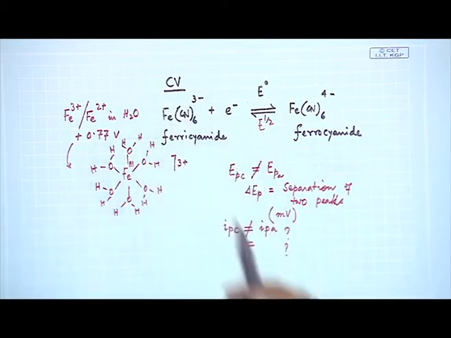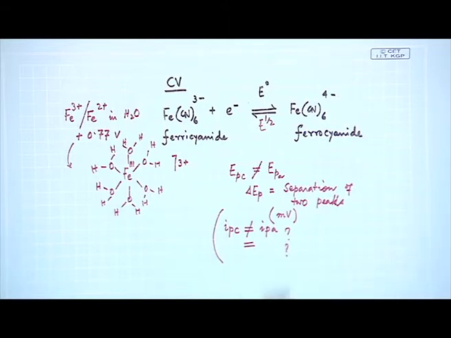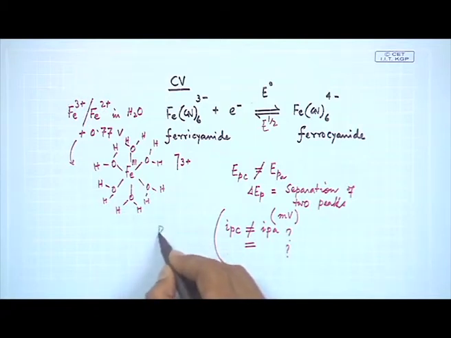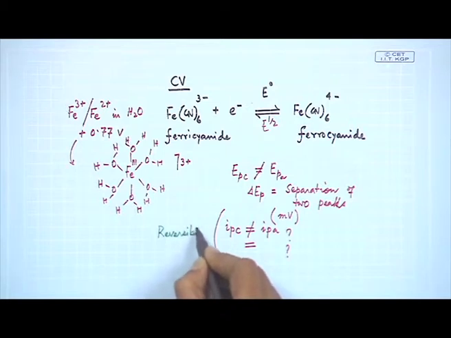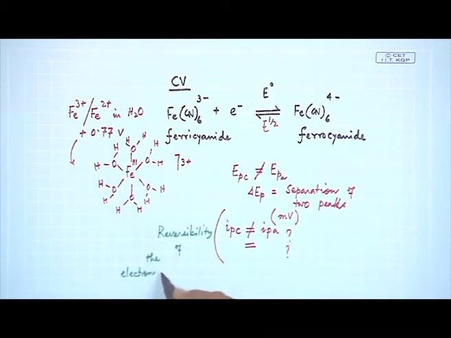Since the process is a cyclic process, we will have some idea about the species which is present on the surface and which is reduced first and then reoxidized back, that is the reversibility of the electron transfer reaction.